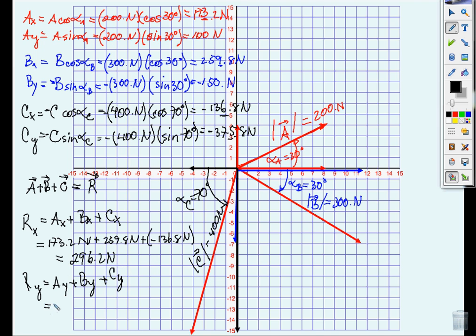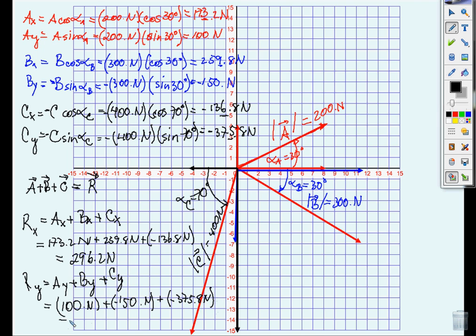Now let's go to the component in y and see what we get. The component in y for a is 100 newtons, plus by, which is negative 150 newtons. And the component of c in y is negative 375.8 newtons.